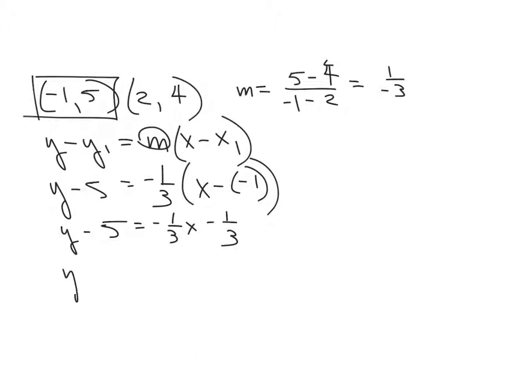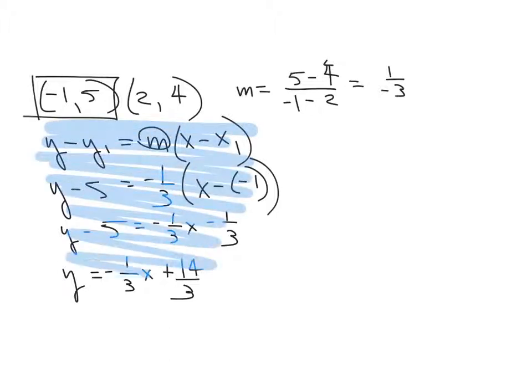Then we add 5 to both sides, which is 15 over 3 minus 1 over 3 is 14 over 3. All right, so this is using the point slope formula. Okay, so this is all point slope formula.